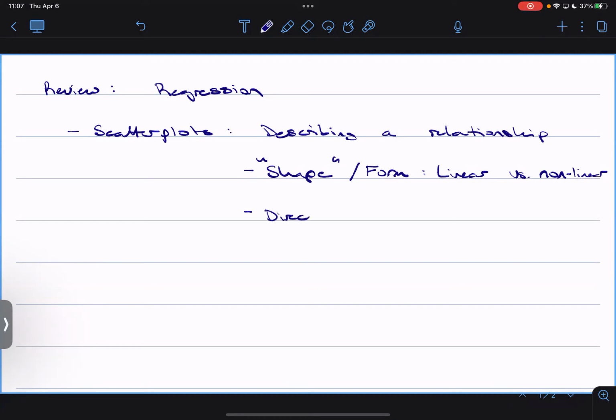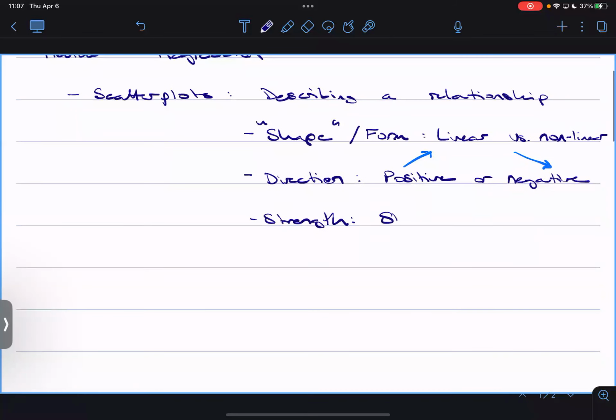The direction is either positive or negative. Right, and in terms of the direction, so positive or negative, I'll put little arrows on here just to emphasize it. And then the strength. Strong or weak.